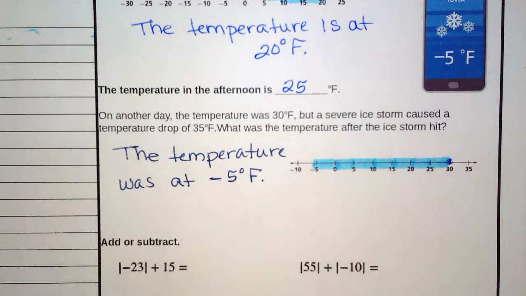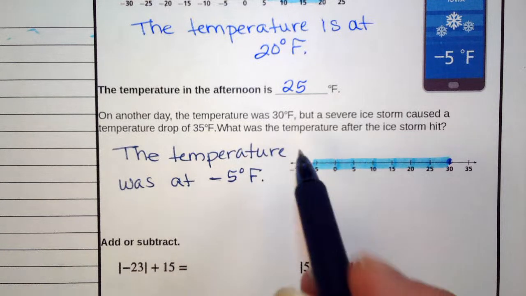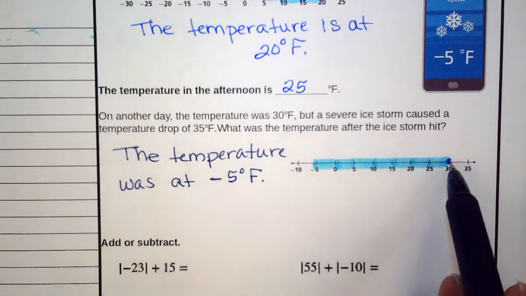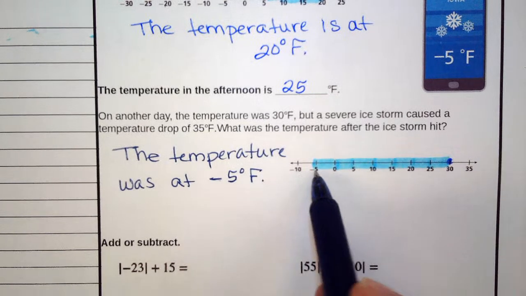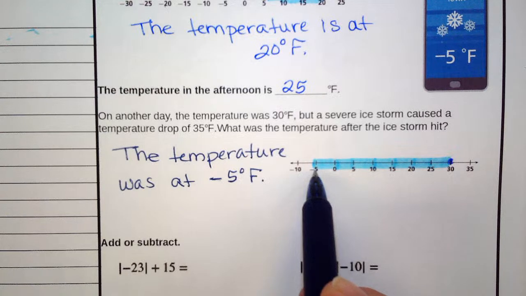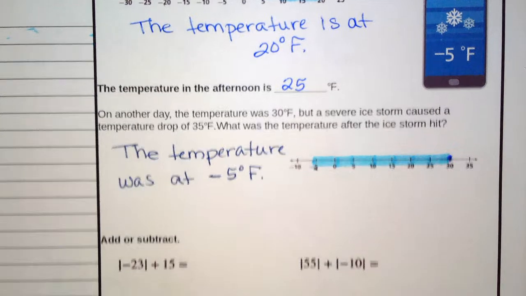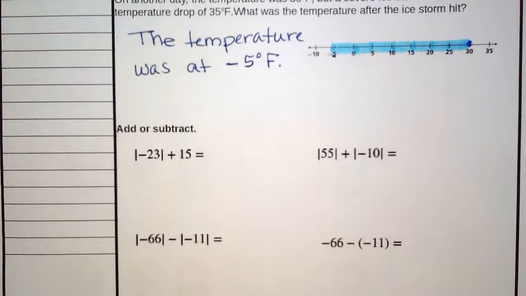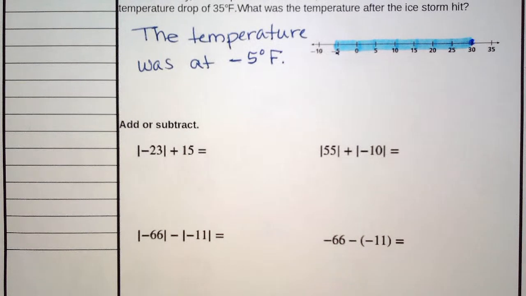So you know when we get out in that -5 degree temperature, it's pretty cold. So when you're looking at this, the idea is you're moving that distance. Even though we started at 30, we had to move that 35 units, and that gave us a negative answer. So when we're adding or subtracting, all we're going to do is pull that symbol off.